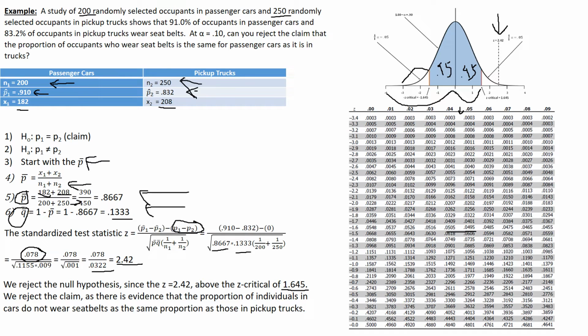Which means my z at 2.42 is in the rejection region. It's outside positive 1.645. These are my rejection regions here. So not only can I not support the claim, I have to reject the null hypothesis, which means they are not equal.